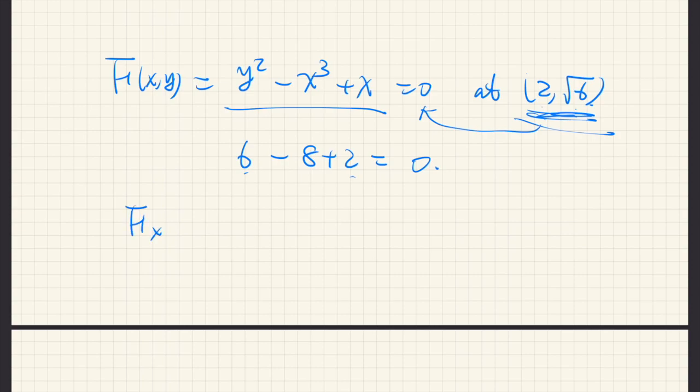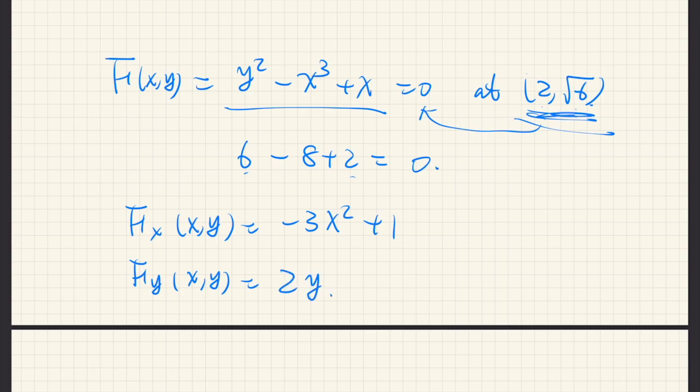So first, differentiate with respect to x. That is negative 3x squared plus 1. And differentiate with respect to y. We have 2y. So if we substitute these values, we have negative 11, and substituting this, we have 2 square root of 6.